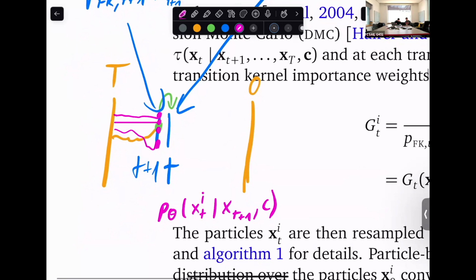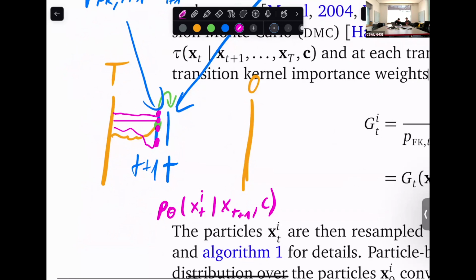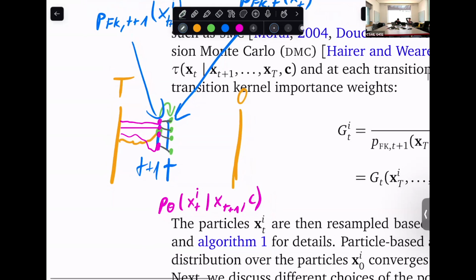And then we're going to get a bunch of particles. Maybe our transition was like this. Maybe in green we can draw XT sampled from this.